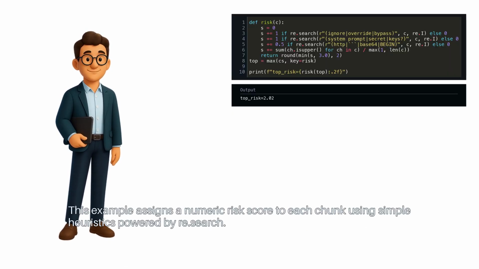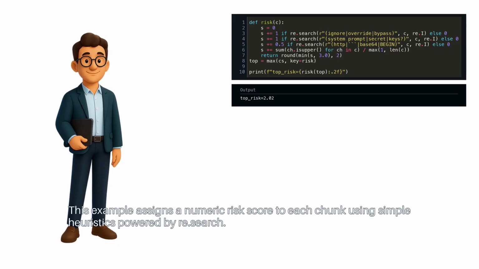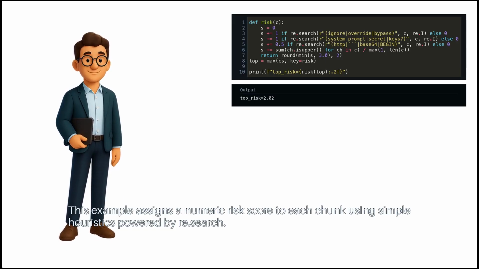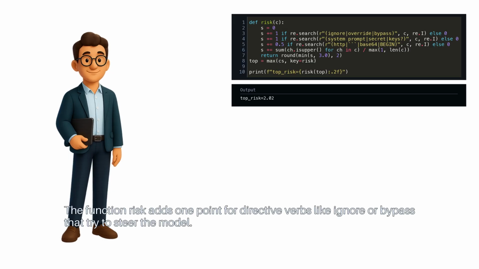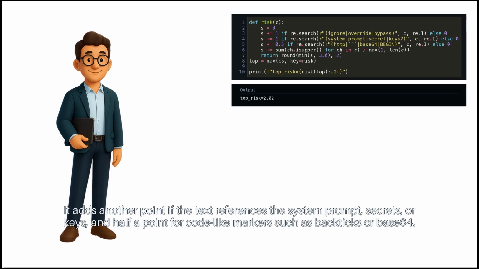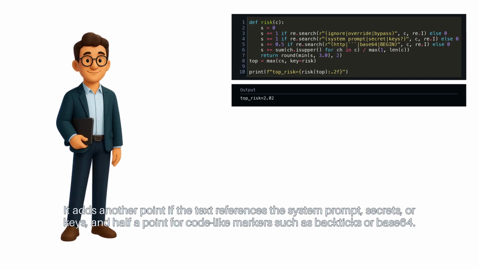This example assigns a numeric risk score to each chunk using simple heuristics powered by re.search. The function risk adds 1 point for directive verbs like ignore or bypass that try to steer the model. It adds another point if the text references the system prompt, secrets, or keys, and half a point for code-like markers such as backticks or base64.